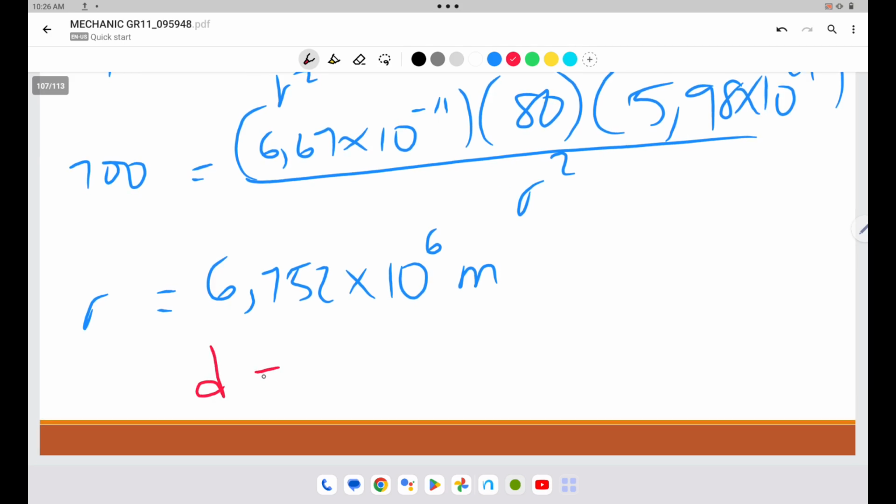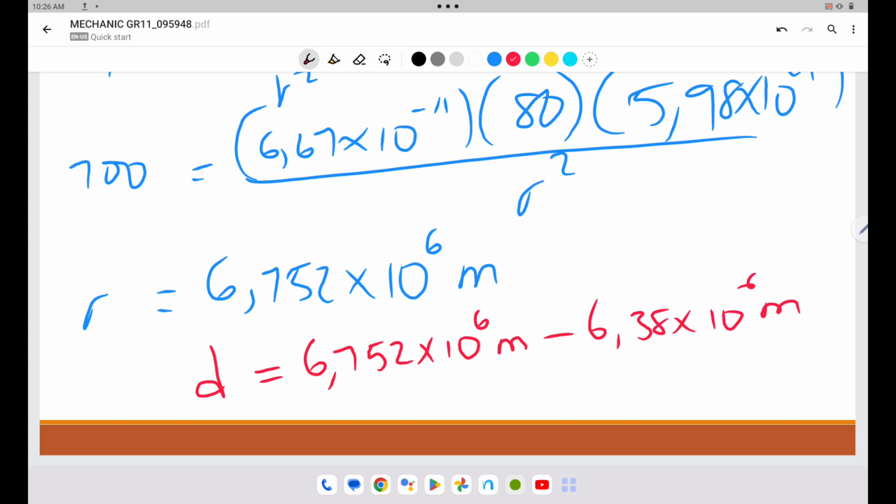It means D is equals to r, which is 6,752 times 10 to the power of 6 meters minus the radius of Earth. By the way, my apologies. When you are given the radius of Earth, please check if it's given in meters or in kilometers before you sub in, because some of the data sheets they give the radius of Earth in kilometers. So that will be your answer there.